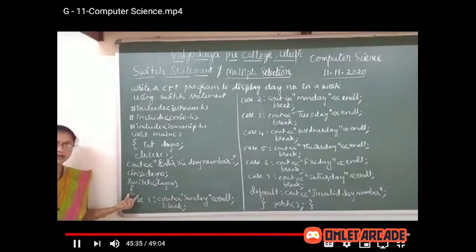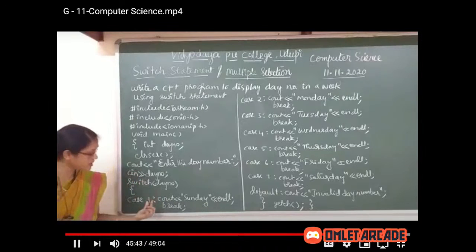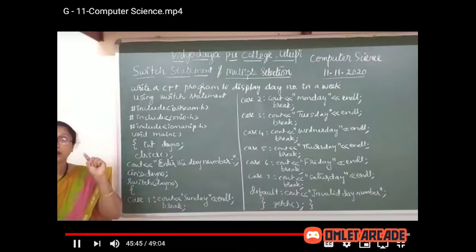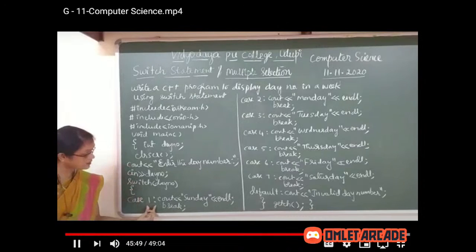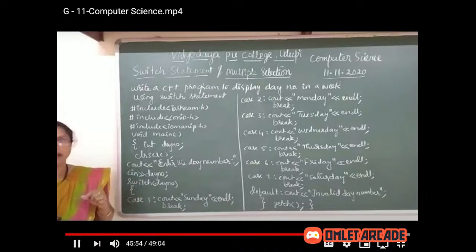Next, open bracket, you have to follow the syntax, right? Case. Case is the keyword. Then 1, label 1. In the syntax, we have given label 1, right? And one more thing, in a case label you have to write only character and integer values. Case label takes only integer and character values.